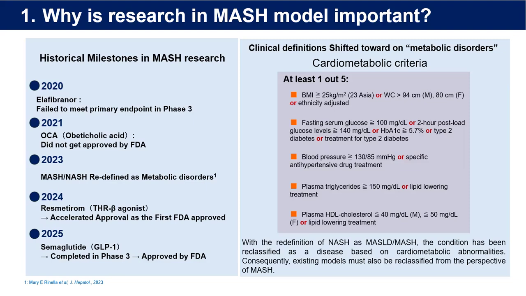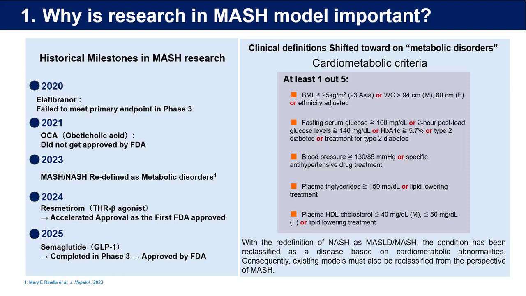Furthermore, previous development efforts focused primarily on surrogate endpoints such as NAFLD activity score and fibrosis. In contrast, we have now entered a stage where clinical outcomes such as progression to cirrhosis and survival rates are required. In other words, the goals of development themselves have changed.